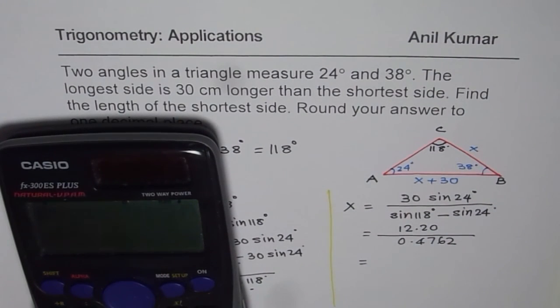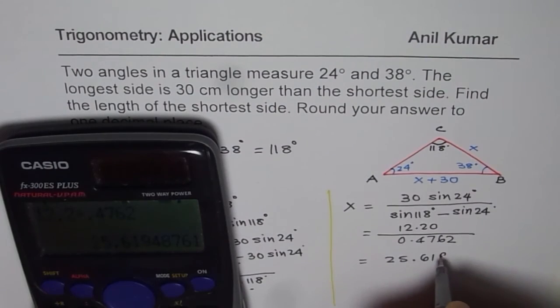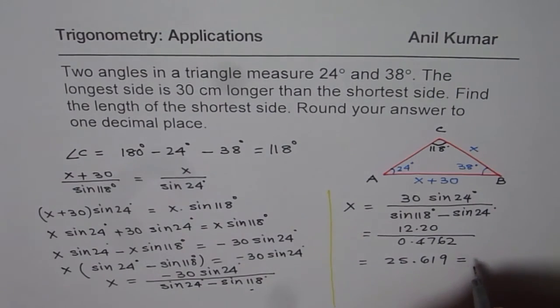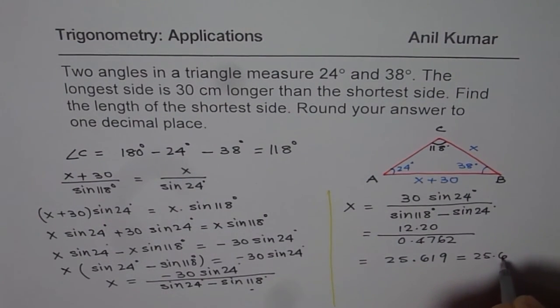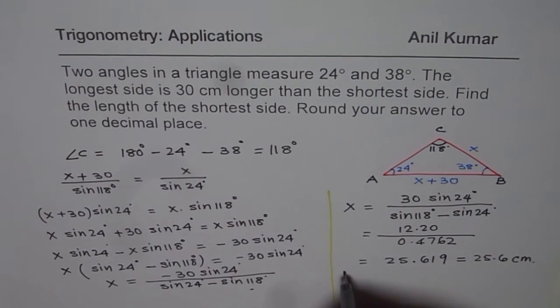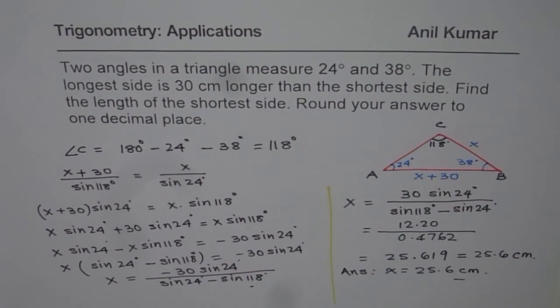Now we can divide 12.2 by 0.4762 to get the answer, which is 25.619, or you can round your answer to one decimal place as 25.6. The units are centimeters. So the shortest length x equals 25.6 centimeters. That is how you can solve this question.